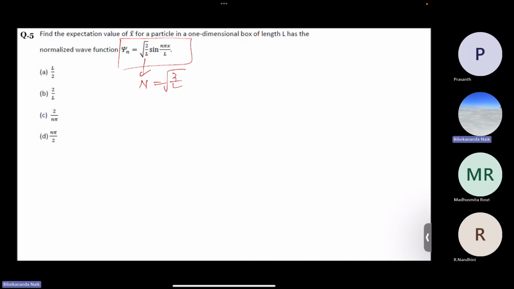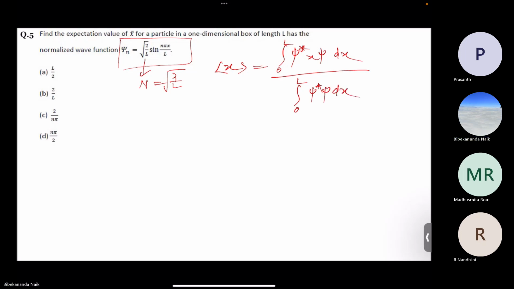Yes. Anybody tried to solve it? Okay. So basically, what do we mean by expectation value? Basically, it is the average value. The formula for expectation value or average value is the integration from 0 to L of psi star x psi dx, divided by the integration from 0 to L of psi star psi dx.